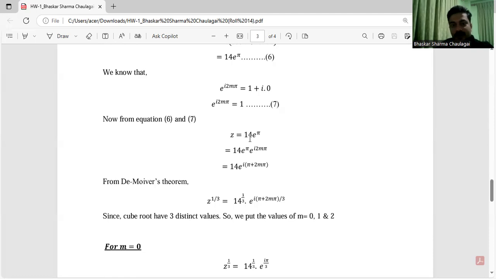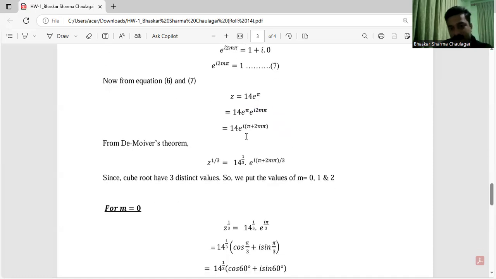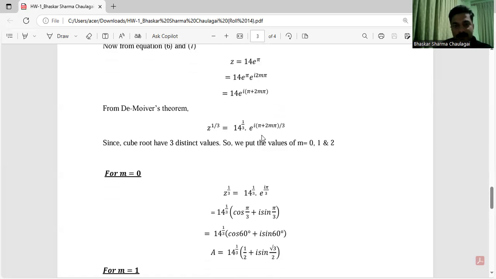If 1 is equal to exponential to the power i 2m pi, then we can add 1 in this line, and we can rewrite this equation as 14 times exponential to the power i times pi plus 2m pi.